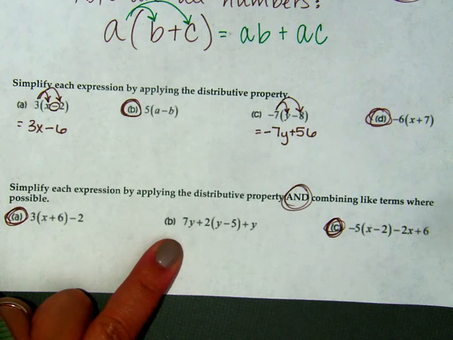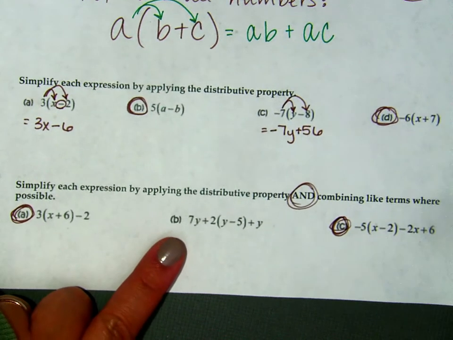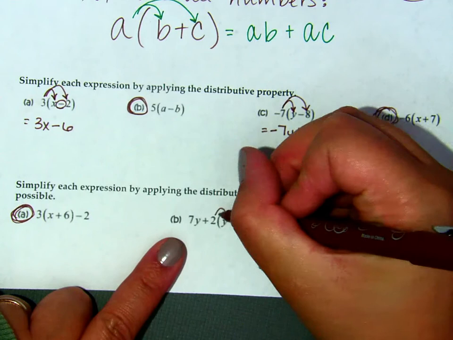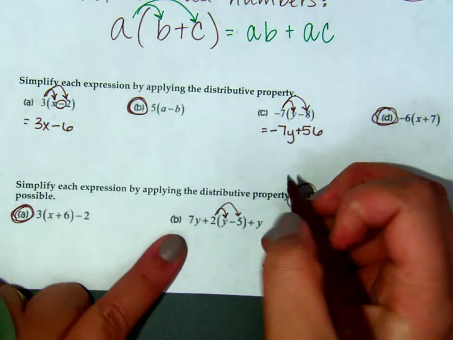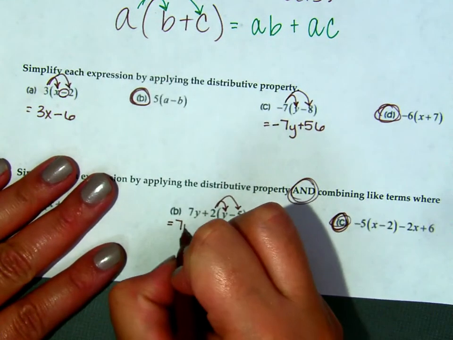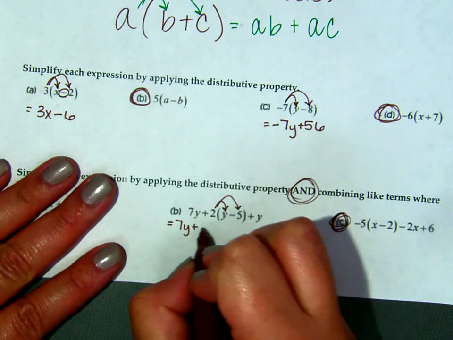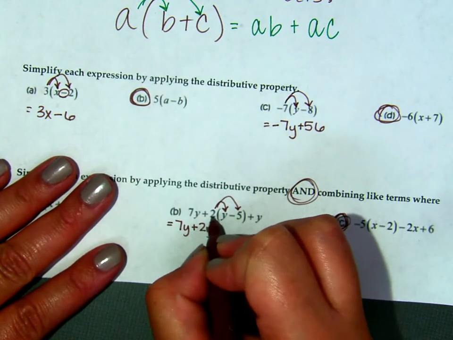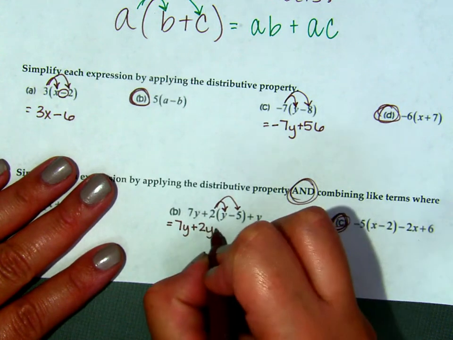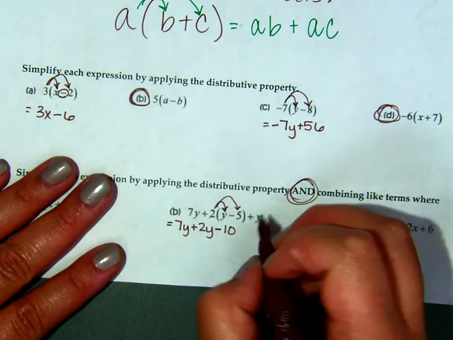The first thing I notice is I have a 2 on the outside of the parentheses, so I'm going to distribute that 2 to everything on the inside. So I have 7y plus 2 times y, and then 2 times negative 5, which is negative 10, plus y.